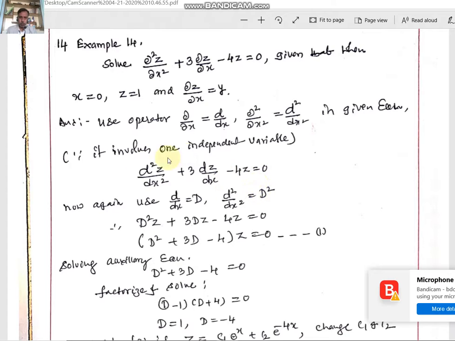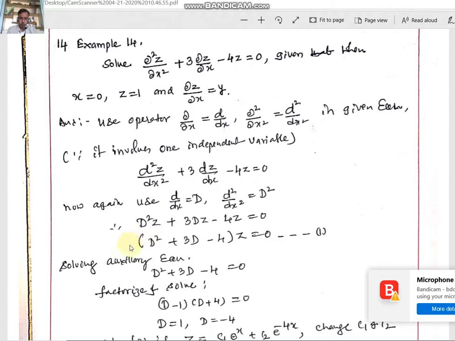Now to solve this equation, use the operator D, that is D is equal to d by dx, D square is equal to d square by dx square. Then this equation becomes D square z plus 3Dz minus 4z is equal to 0. Choose the dependent variable z as common, and this is (D square plus 3D minus 4) z is equal to 0.